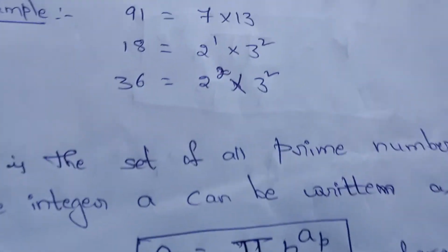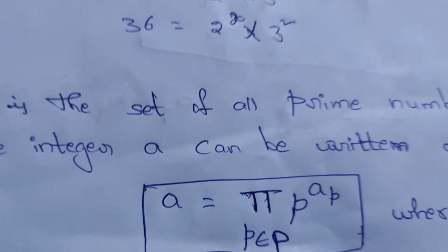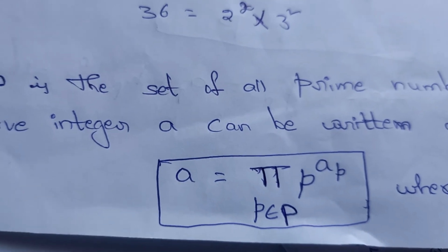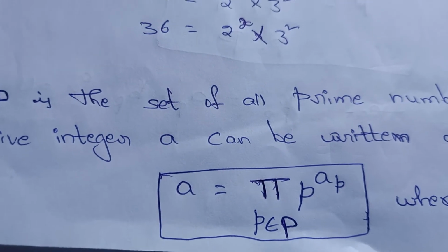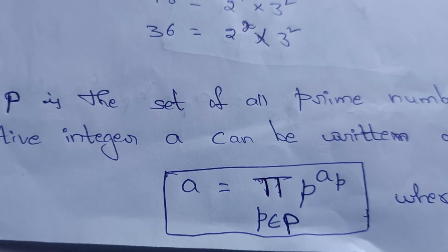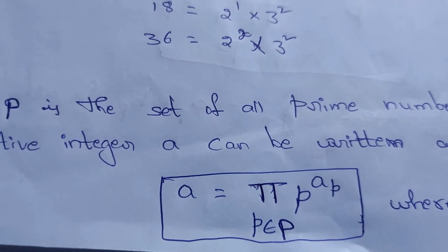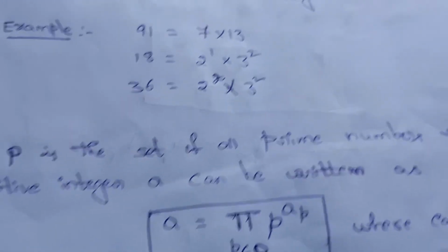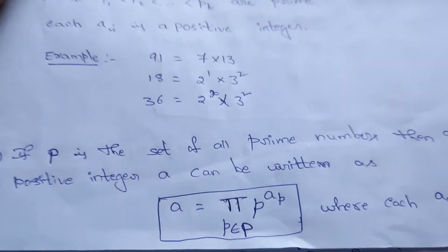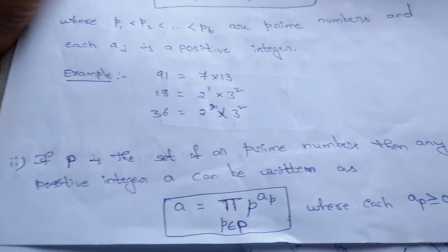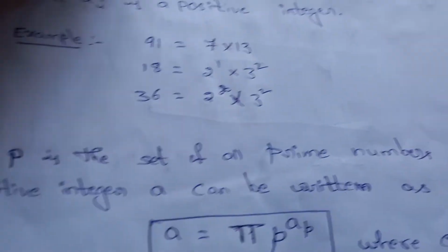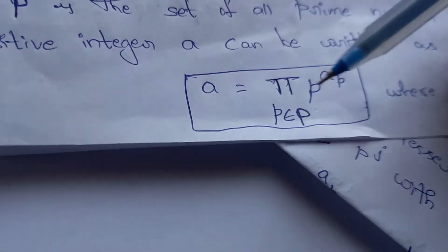Observe here, A equals the product over p belongs to P. The first, capital P is the set of prime numbers, and the small p is an element of it.